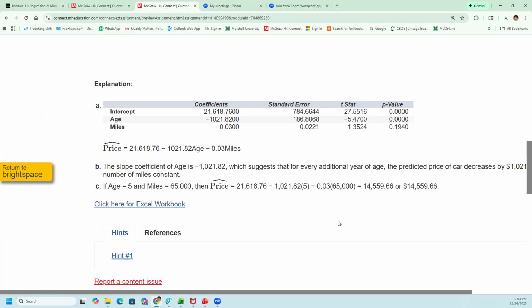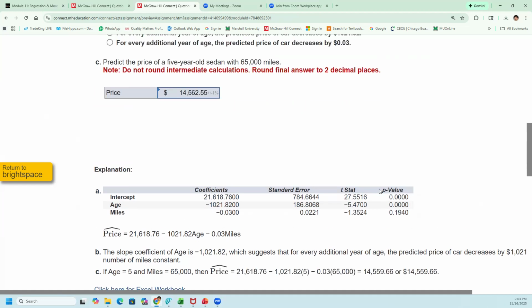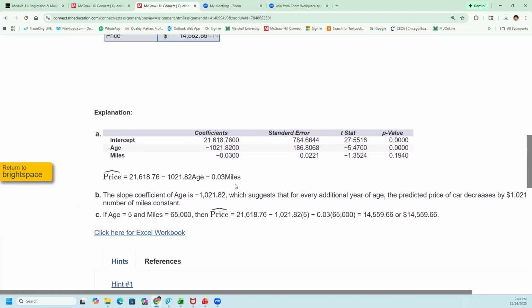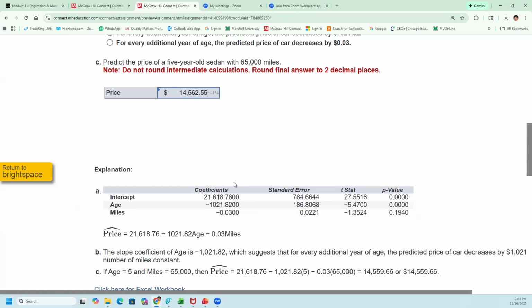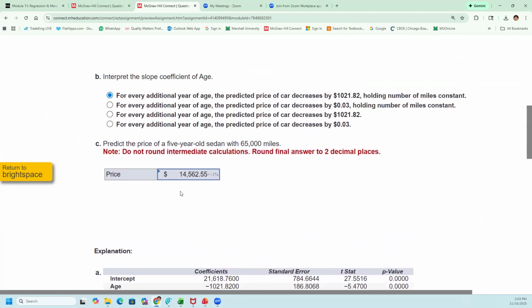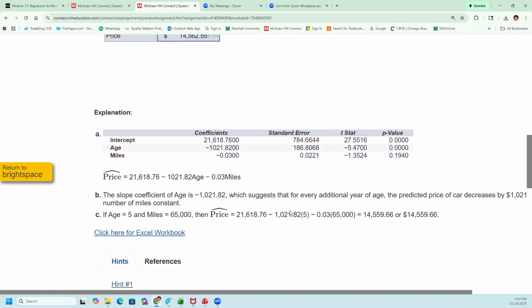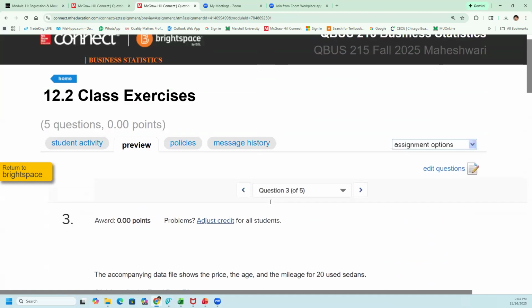This will give you an estimate of about 14,005. It should say 559 or 562, one of the two. There's probably a rounding error here. So that's how you will run those equations.